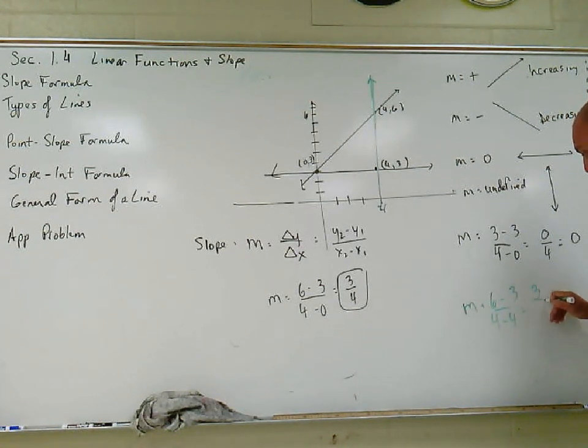So I get 3 divided by 0. So when only the denominator is 0, your answer is undefined. Okay, non-zero divided by 0, undefined. And those are the 4 scenarios for your lines.